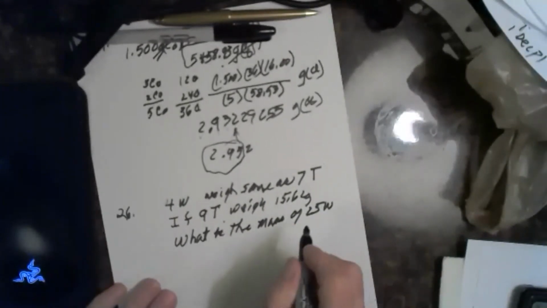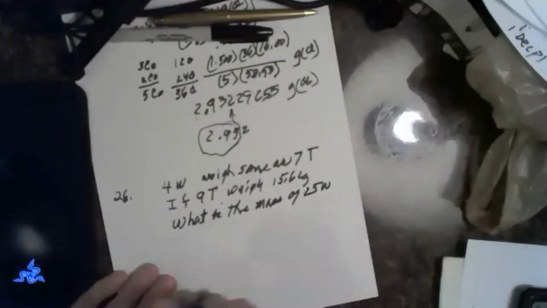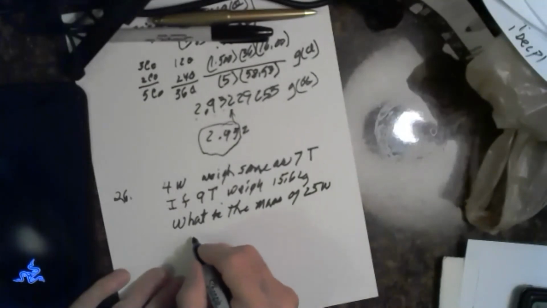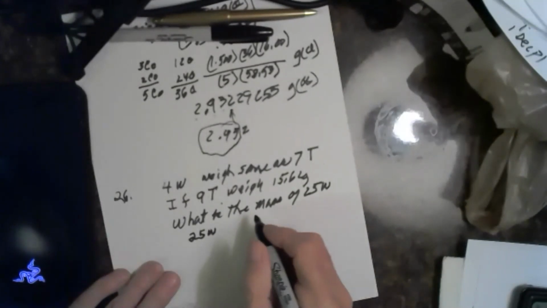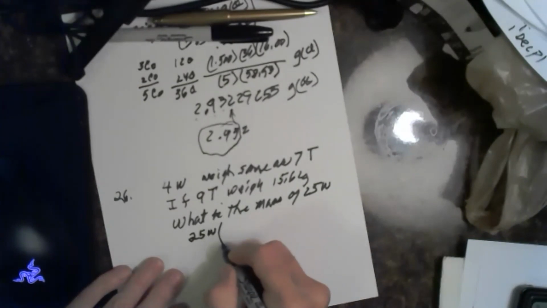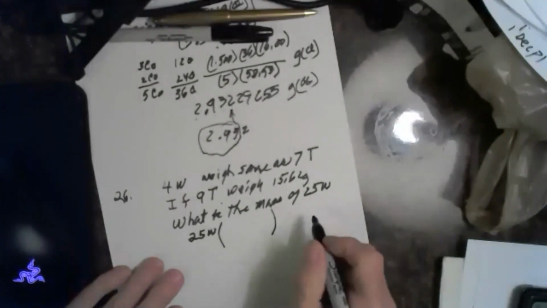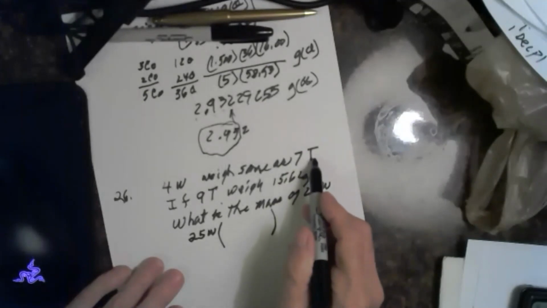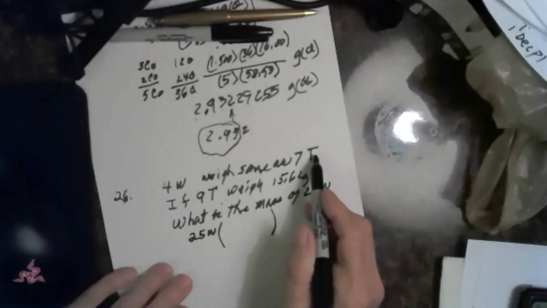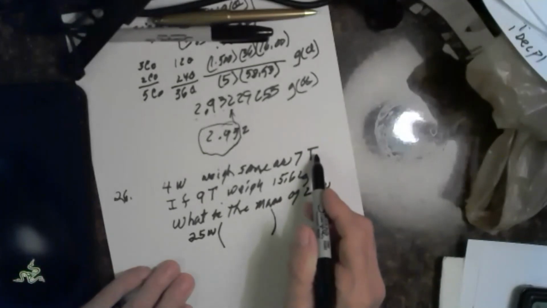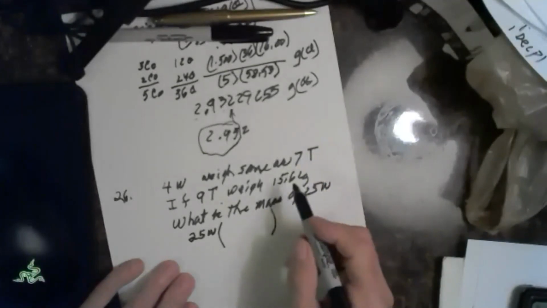Okay, now I want to show you this is the same as the other problem we've been working. We got 25 widgets. And I want to find out the number of grams for the student determines 4 widgets, what's the mass of 25 widgets.